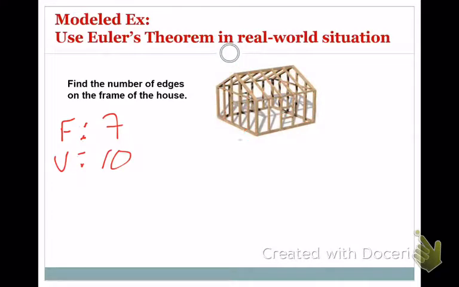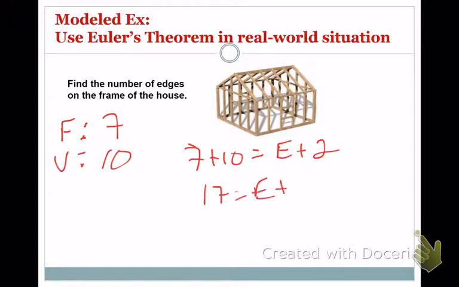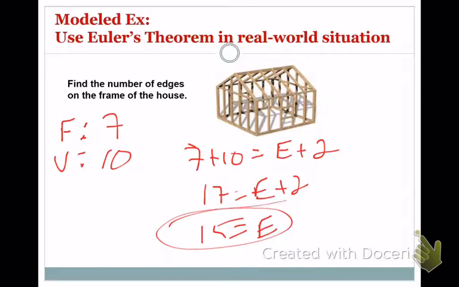Okay? And then we can use Euler's theorem to help us figure out how many edges there are going to be. Because if you add the faces and vertices together, that's going to give us 2 more than the number of edges. So, there's 15 edges. Okay? So, use for Euler's theorem.